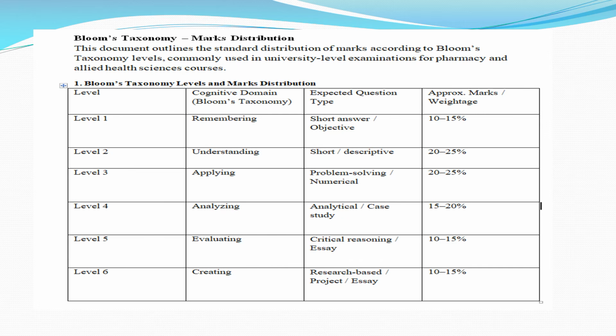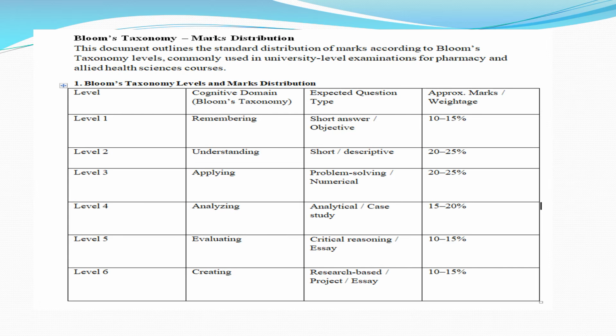Generally, we can give a weightage of 10 to 15% to the remembering level, mainly used in short answer or objective type answers. The understanding level contains approximately 20 to 25% of the total marks.